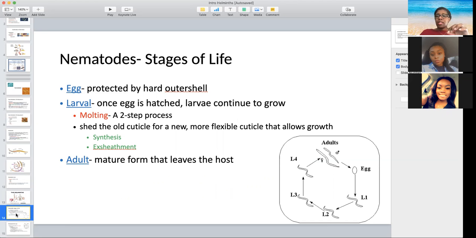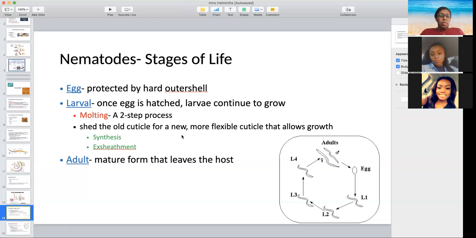Molting is a two-step process where the larva sheds its outer covering and a new, more flexible cuticle grows. So synthesis and exsheathment take place. Write down the term molting in your notes and make sure you understand what molting is. That's the larval stage.